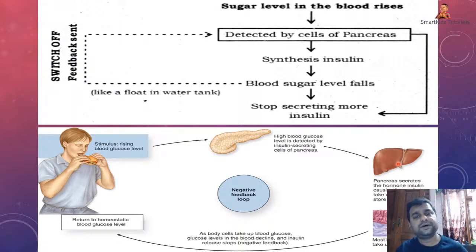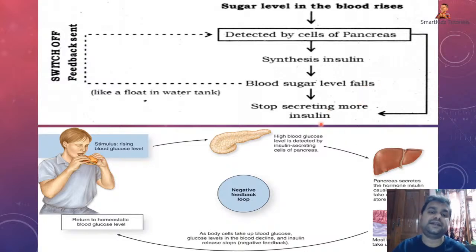The pancreas will keep secreting this insulin into the blood. Once the insulin level increases in the blood compared to the sugar, because the insulin has no more sugar to act on, the level of insulin will rise. Immediately, when the level of insulin increases, the blood sugar level falls.